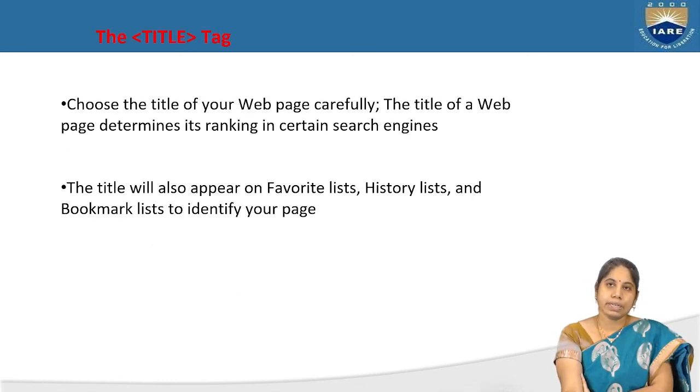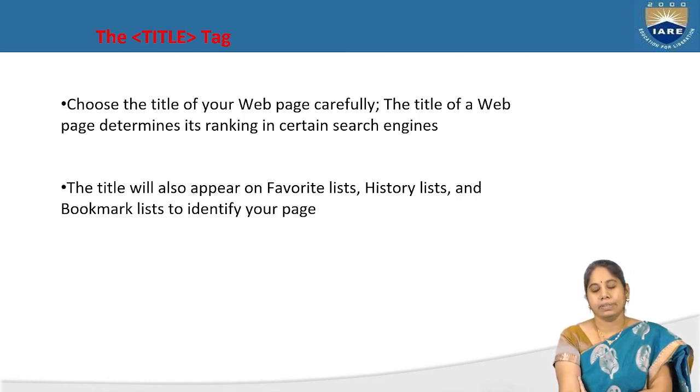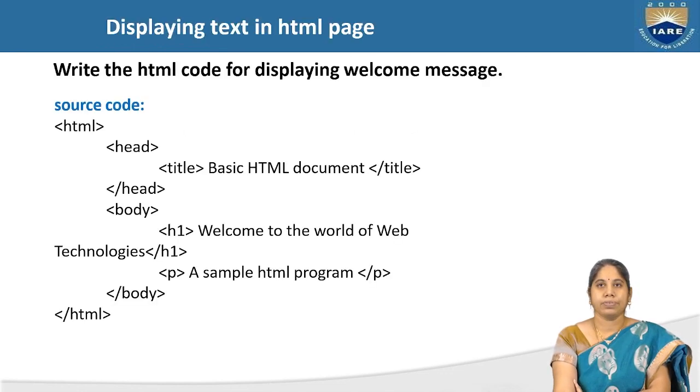Before choosing any title tag, you should be a little careful, because the title determines the ranking in certain search engines. Once a user searches for some websites, the ranking is based on your title. This title will also appear in the favorites list, history list and bookmarks list to identify your page.